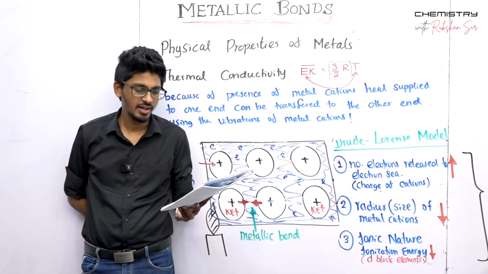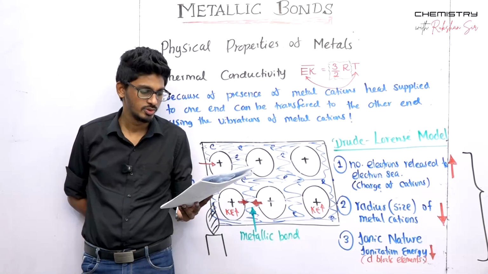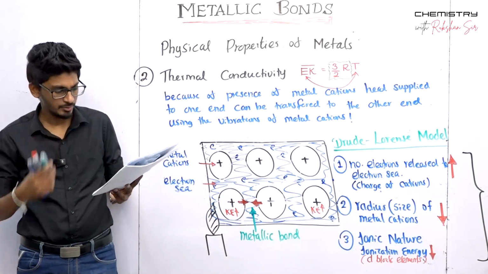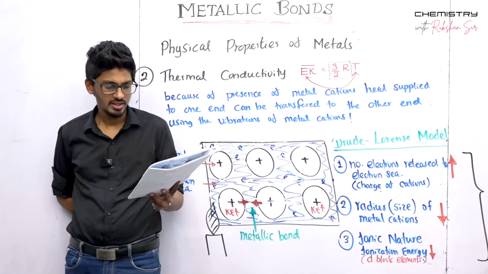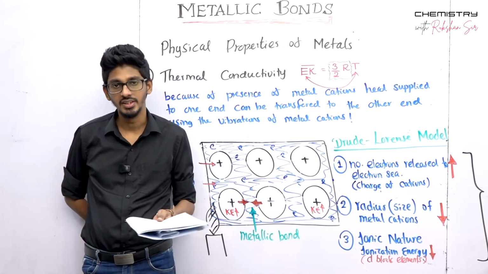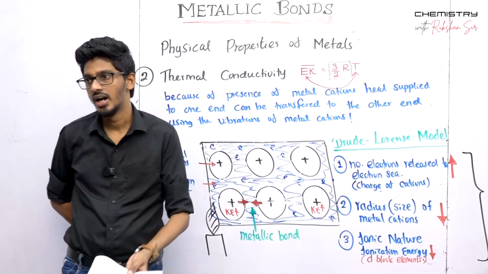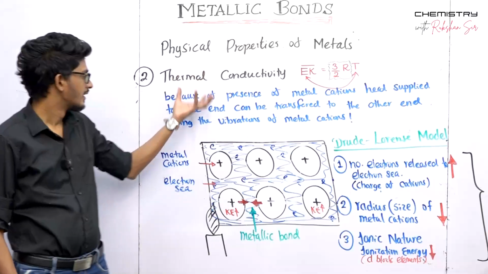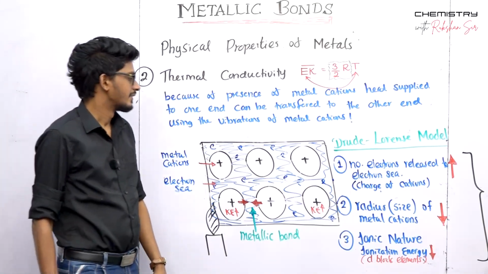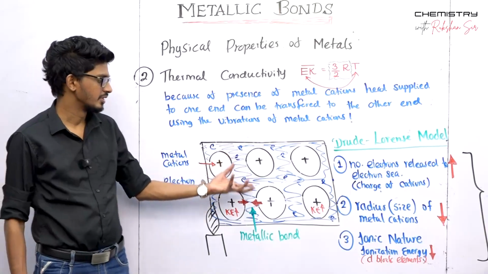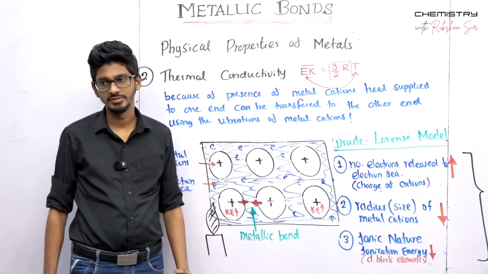Heat supplied at one end can be transferred to the other end easily. Write like that. Just remove the word conductivity and just write heat supplied at one end can be transferred to the other end easily. So that is how the thermal conductivity is done by the metals. That is the explanation with the use of the Drude-Lorentz model.